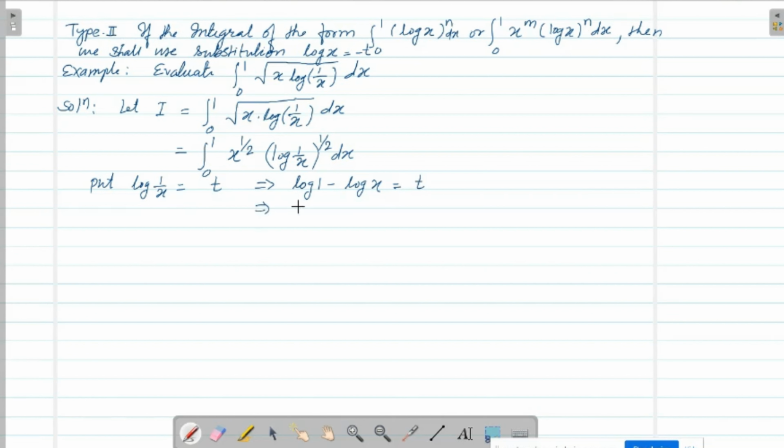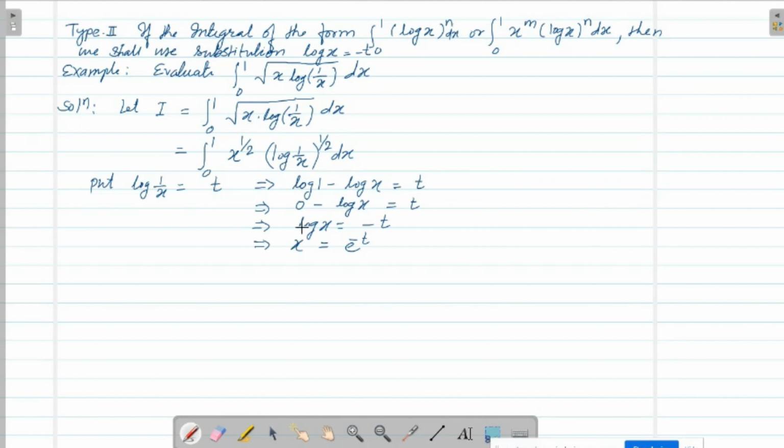This gives log 1 is 0, minus log x equal to t. So this gives log x equal to minus t, which means x equal to e raised to minus t.